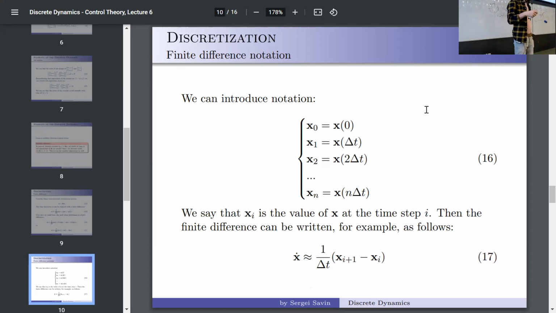We simply define our x. Let me draw it here. Here's x, right? Here's t.